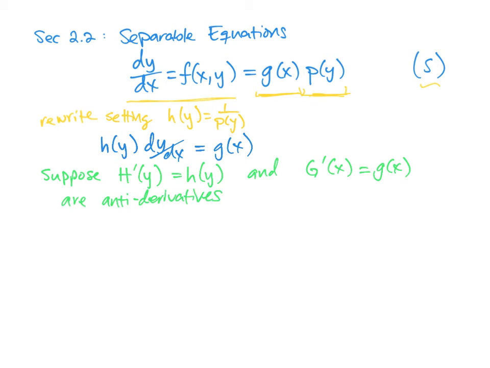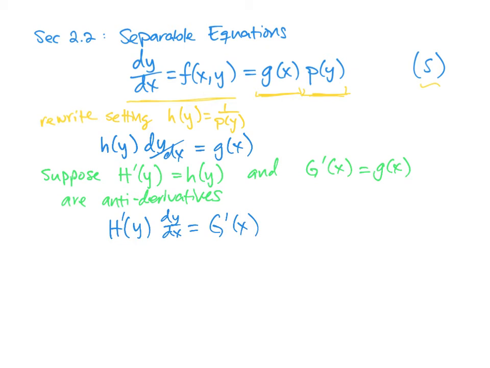Then we can rewrite our equation to look like H prime of y times dy dx equals big G prime of x. But this sneaky thing is here that on the left-hand side, we have a derivative, that H prime with respect to y, and on the right-hand side, we have a derivative with respect to x, which is kind of annoying.